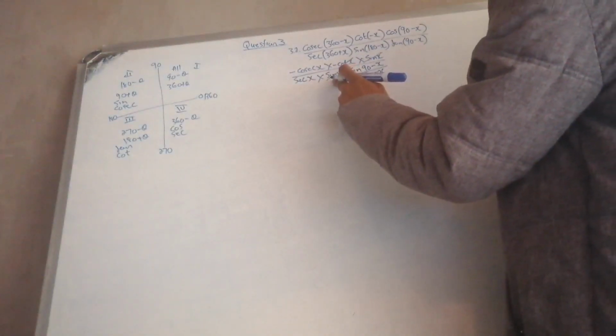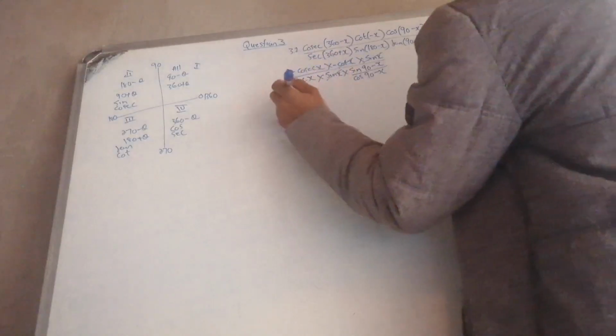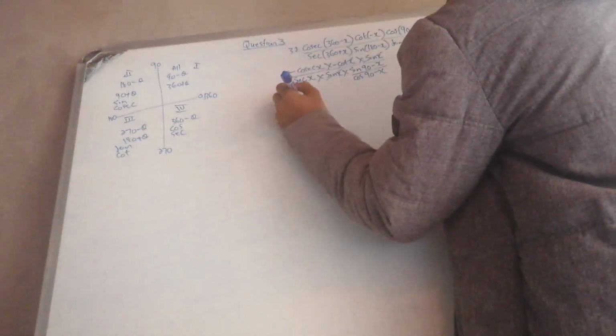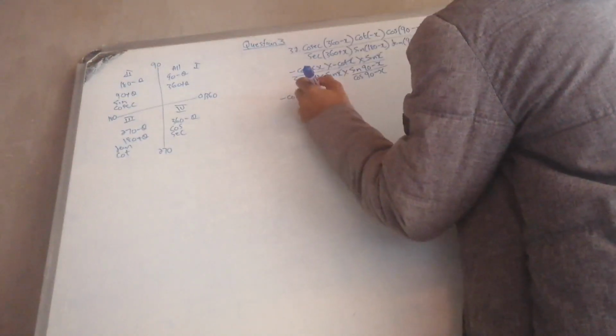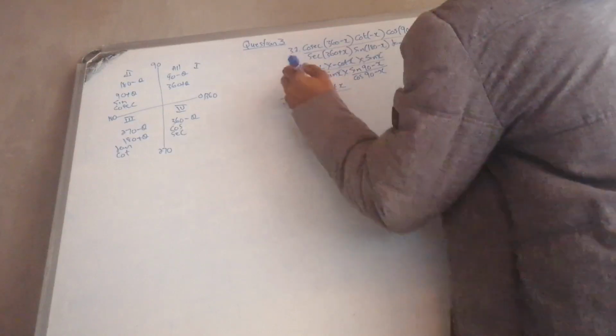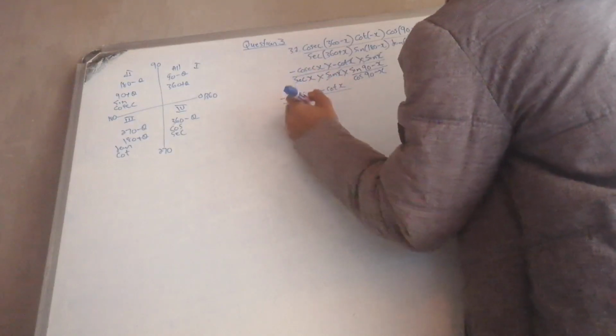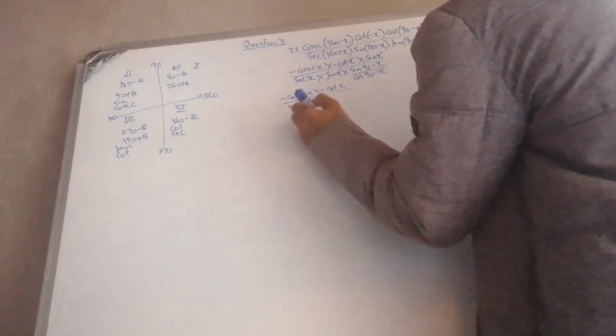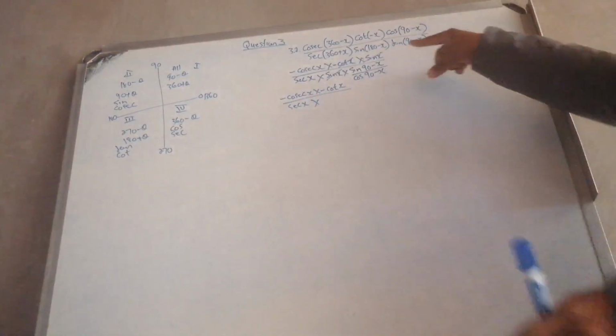And let's say we are left with negative cosec x times negative cot x all over, let's say, sec x multiplied. Now let's say sine of 90 minus, the name changes from sine to cos.